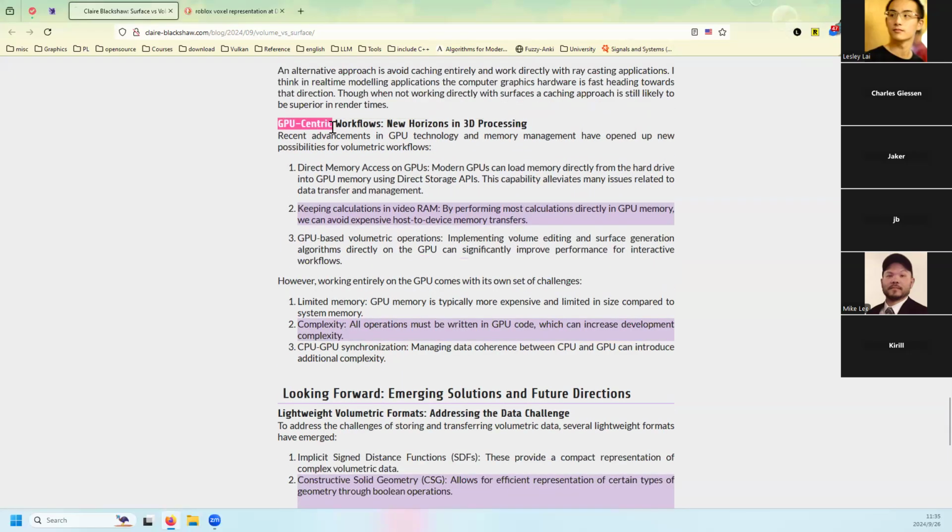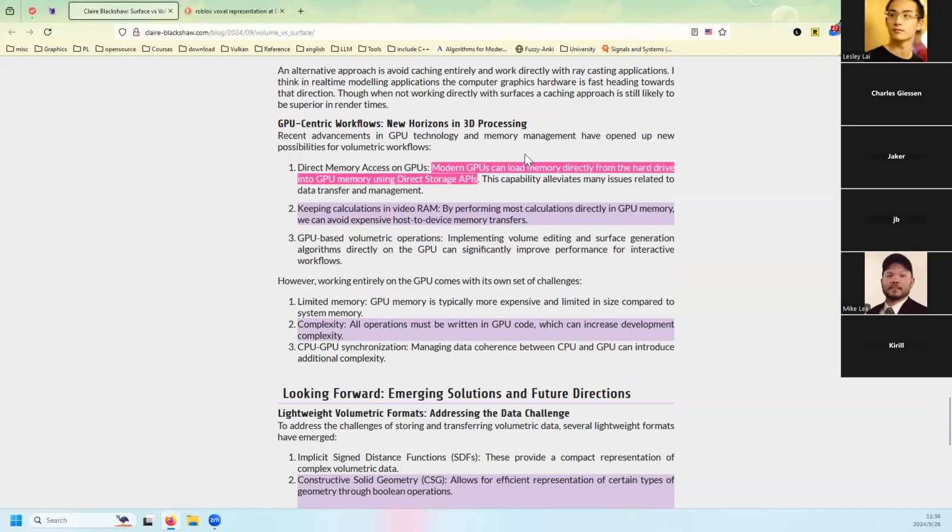CPU-centric workflow. Recent advancements of GPUs have opened up new possibilities. Direct memory access on GPUs. Oh, modern GPUs can load memory directly from the hard drive. I don't know about that.